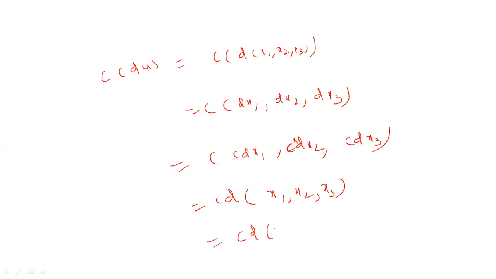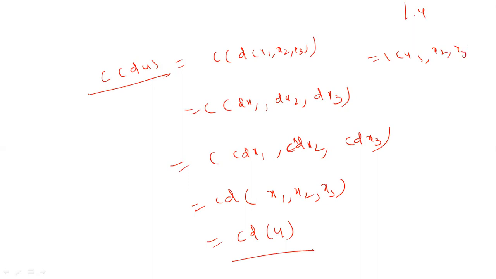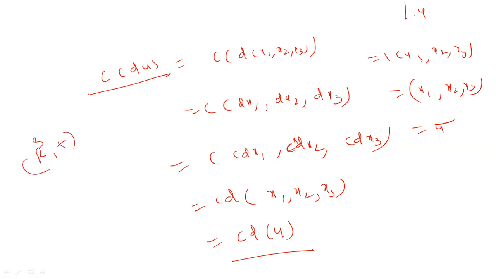That is CD into u. So C into (Du) is equal to (CD) into u. Next, 1 into u. That is 1 into (x1, x2, x3). That is (x1, x2, x3). That is nothing but u. So all the 10 properties are satisfied, because R cube with respect to addition is an abelian group, scalar multiplication is closed, and all these 4 properties are true.